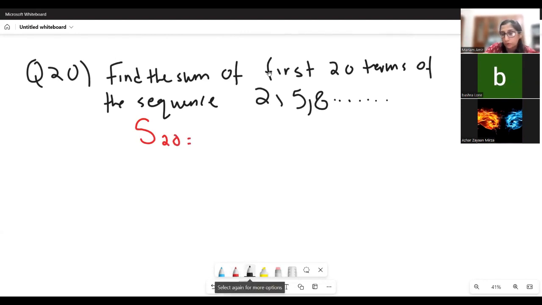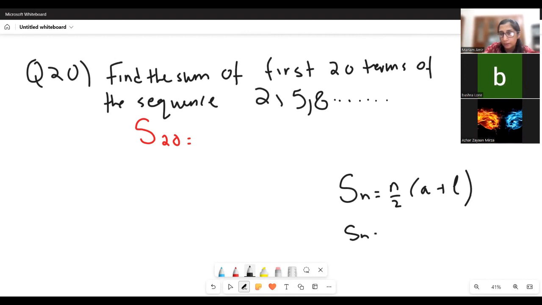You have two options for the sum formula. One is n by 2 times a plus l, the last term. The other is n by 2 times 2a plus d bracket n minus 1. Which one do we use?